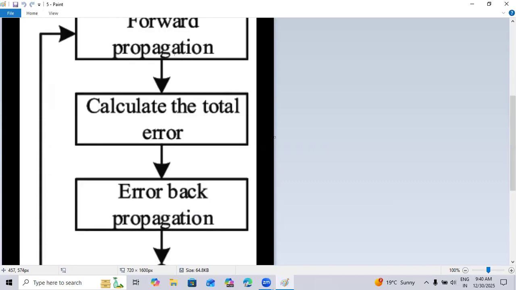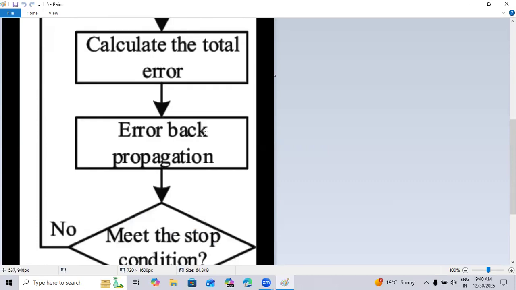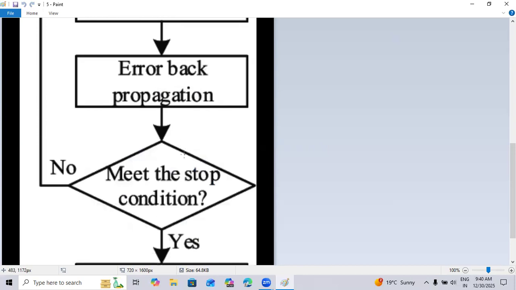After the forward propagation, the output is used to calculate the total error. Next the error is propagated back to the input layer. Then we meet the stop condition. The hidden layers use activation functions.